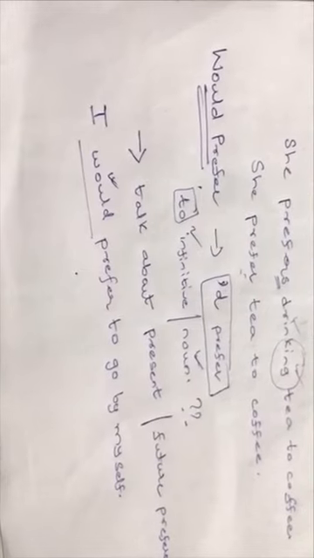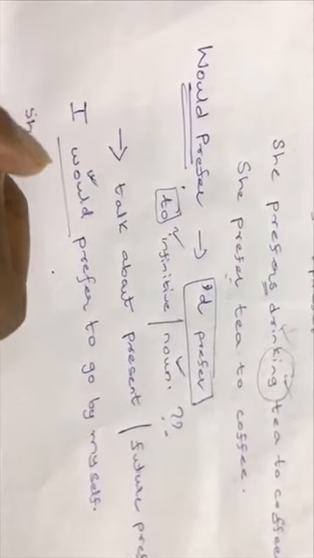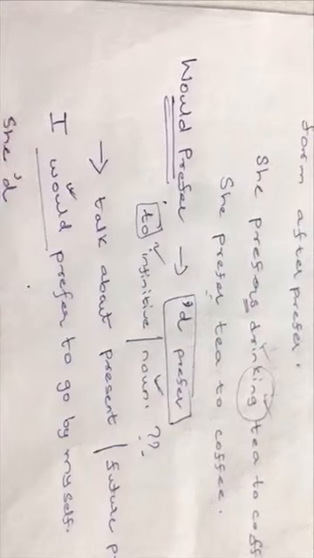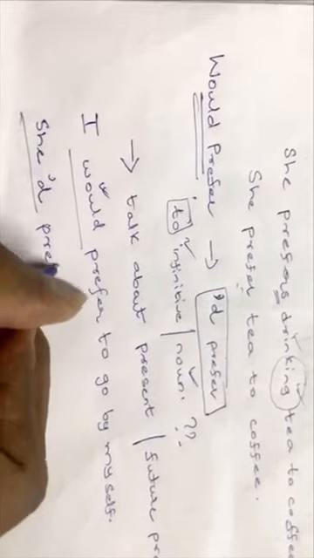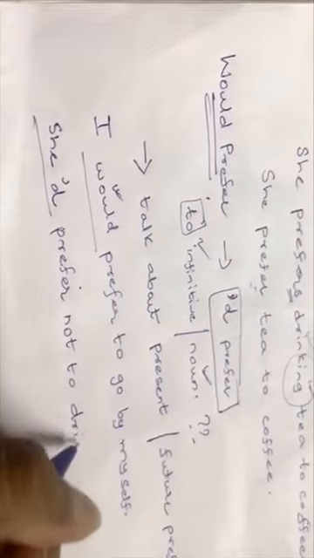Okay. Now, if next sentence we say, we can take it as she would, see, another form of writing would, she would prefer not to drive at night.